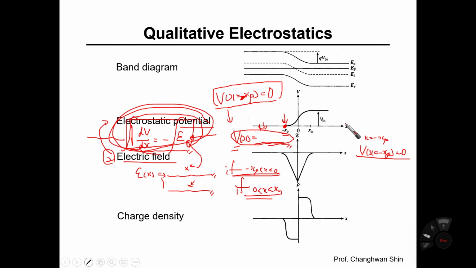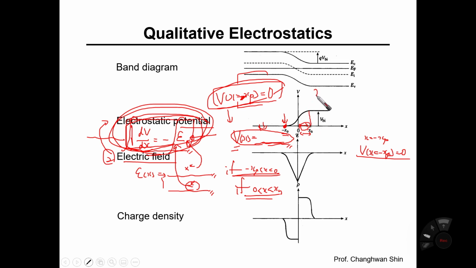What about the N side? You can repeat all the processes again. You can just plug the E of X value into this integration, and you can solve this first order differential equation. However, you need one more boundary condition. What is it? In the range between 0 and xn here, previously we used that boundary condition, but on the N side, what kind of boundary condition is necessary?